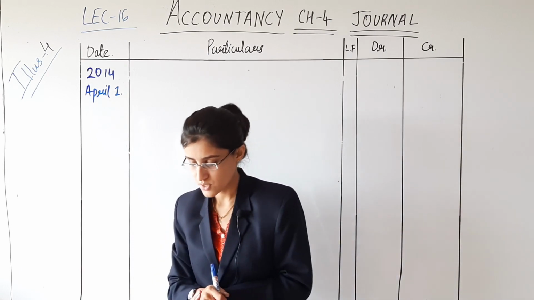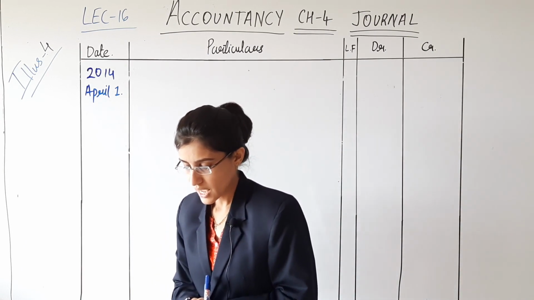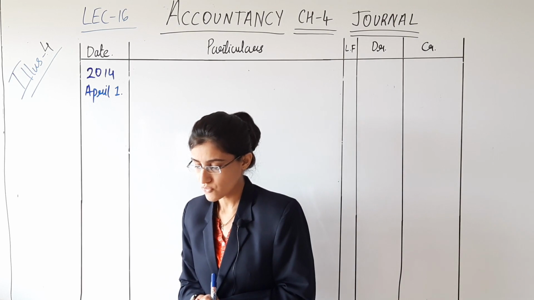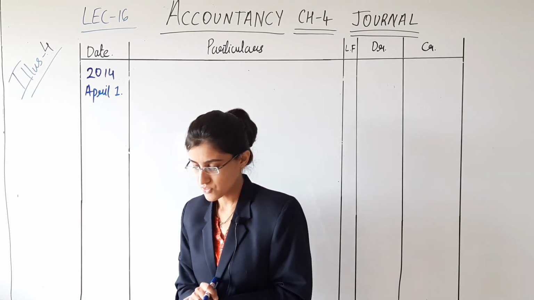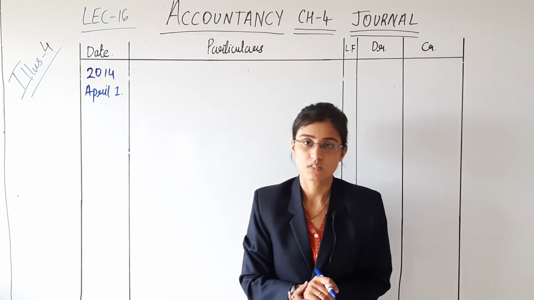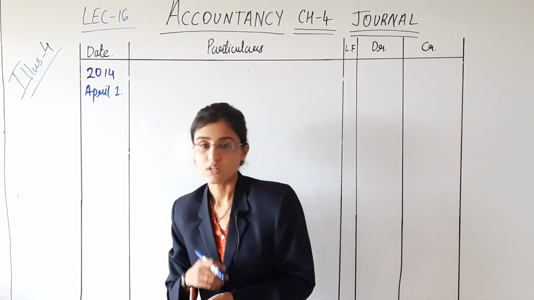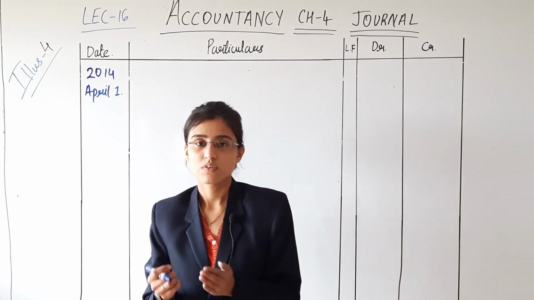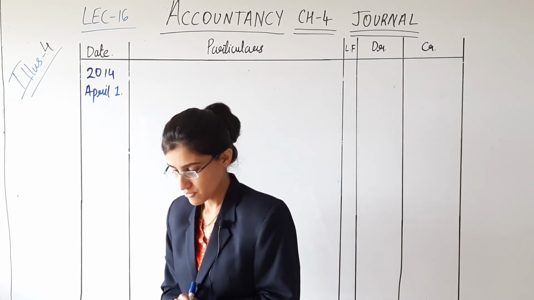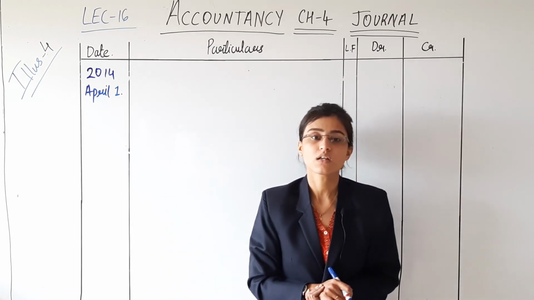So let me read the first transaction. Brought cash of rupees 10,000, stock of rupees 10,000 and furniture of rupees 5,000 and commenced business. So cash, stock is always stock of goods, and furniture, the three of these are assets.